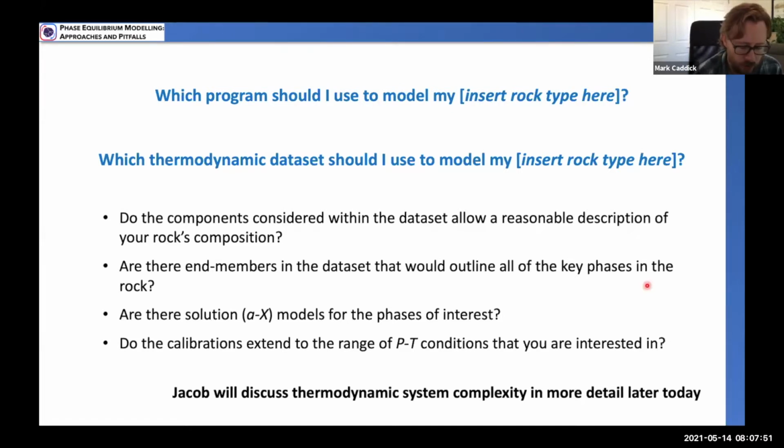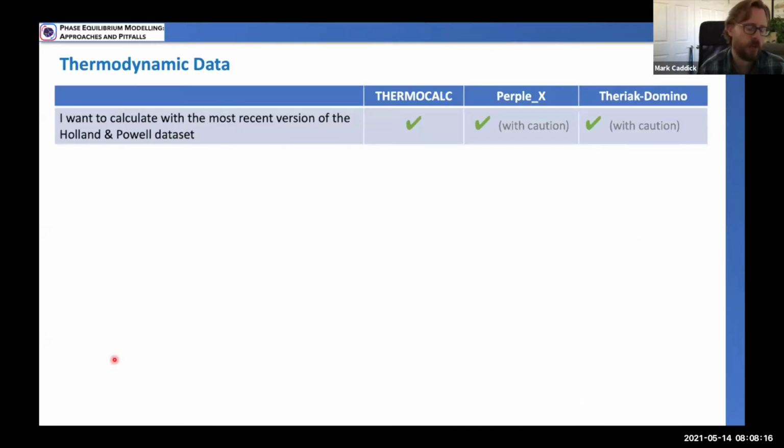Is there a chance that we might inappropriately be using calibrations beyond the range at which they were first considered? So if we start with this as our question, then we can say, okay, which of the software that we've talked about will offer me flexibility with the data set that I can use? And so the first statement might be, I want to calculate with the most recent version of the Holland and Powell thermodynamic data set.